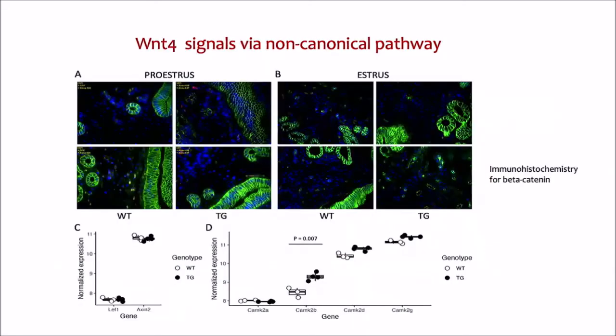And so we asked whether that's the case, and normally what you would see is here green fluorescent is beta-catenin, and you see wild type and transgenic mice, and again wild type and transgenic in proestrus and estrus. In none of these is there actually transport into the nucleus, so we assume that it's probably not the canonical pathway that Wnt is using.